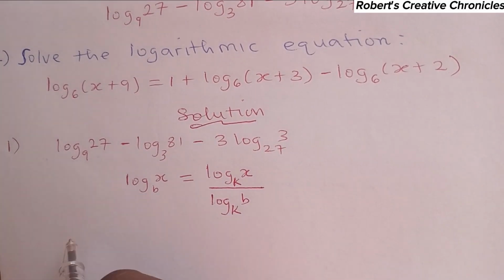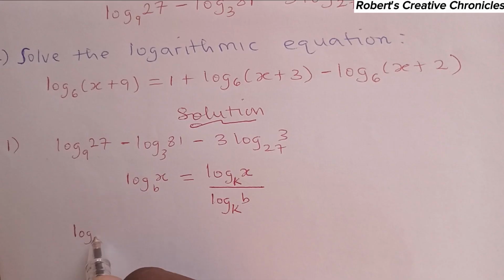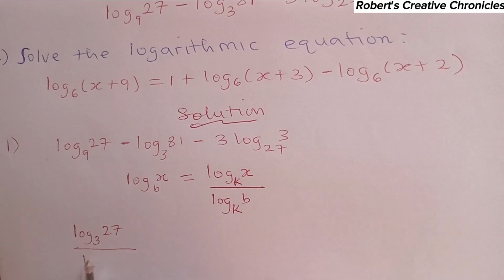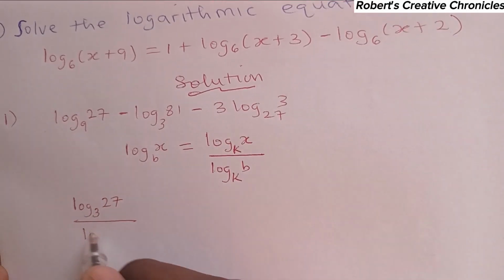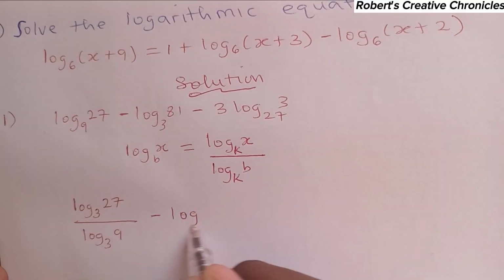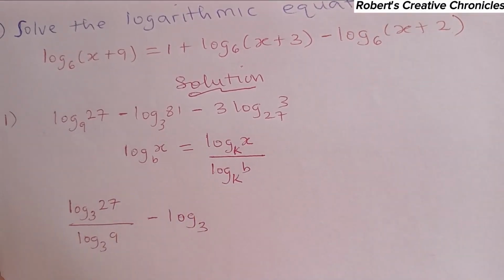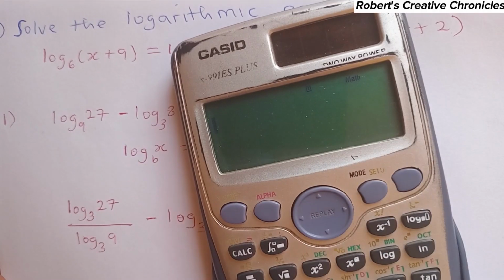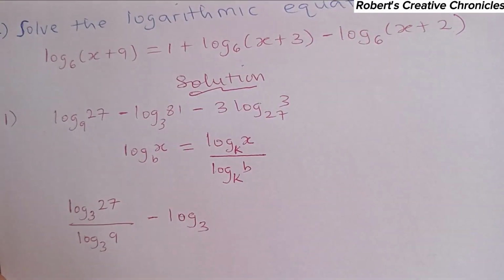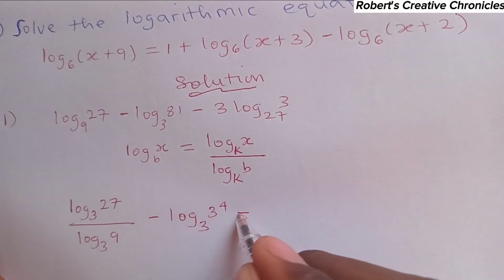So this one will become log 3 27 over log 3 9, minus log 3 81. Now, 3 raised to the power of 4 will give us 81, so this becomes 3 raised to the power of 4, minus 3.